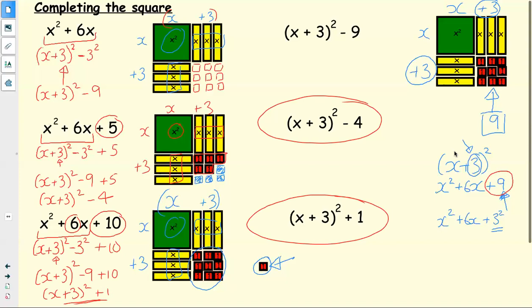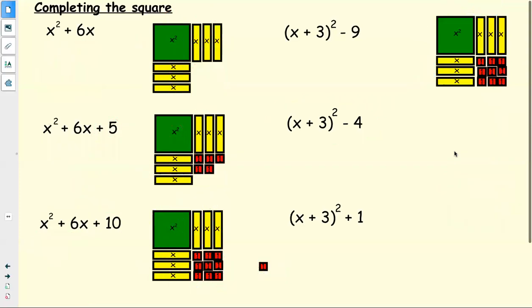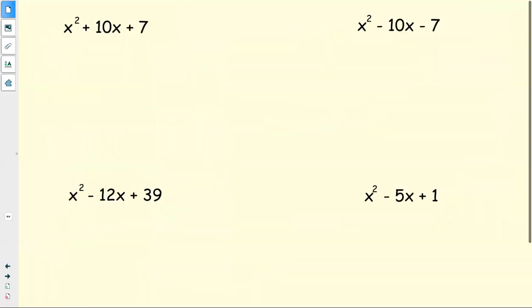Okay, so let's just look at the next slide. So if I look at this part, and ignore the add 7 at the end, you're really halving this number here and then taking the square of that number away.